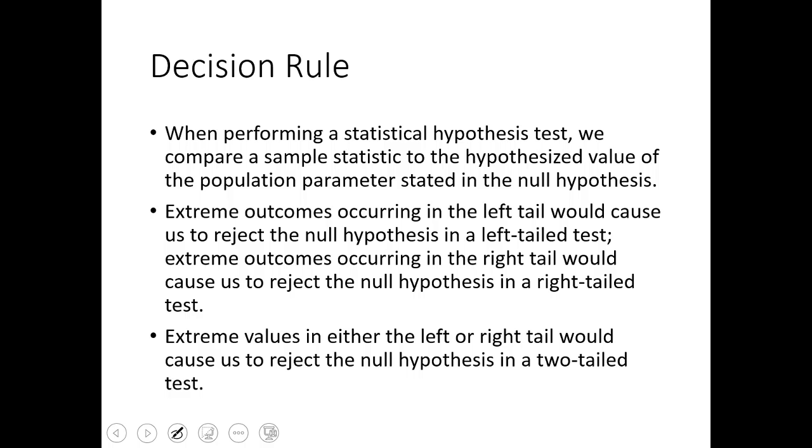So when performing a statistical hypothesis test, we need a decision rule. Now we have the null hypothesis and alternative hypothesis for the left-tailed test, right-tailed test, and two-tailed test. So then how can we reject the null hypothesis or not reject it?